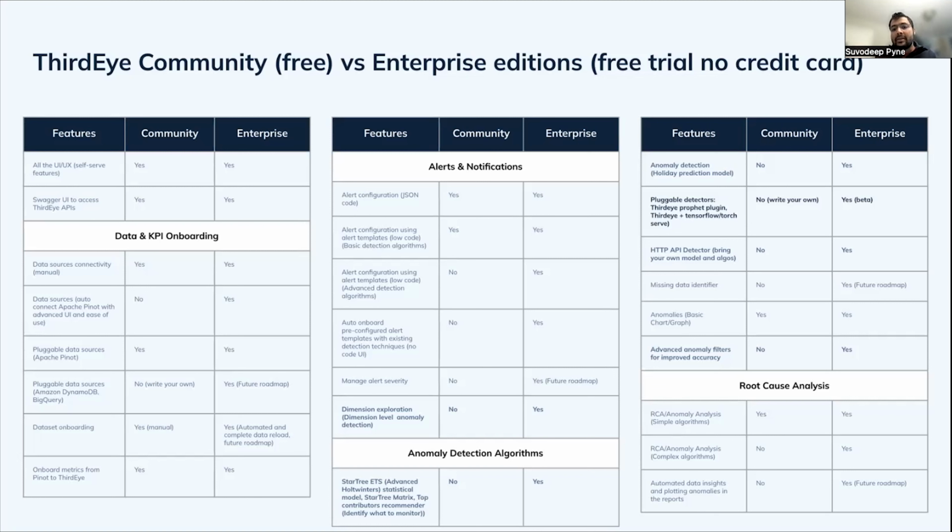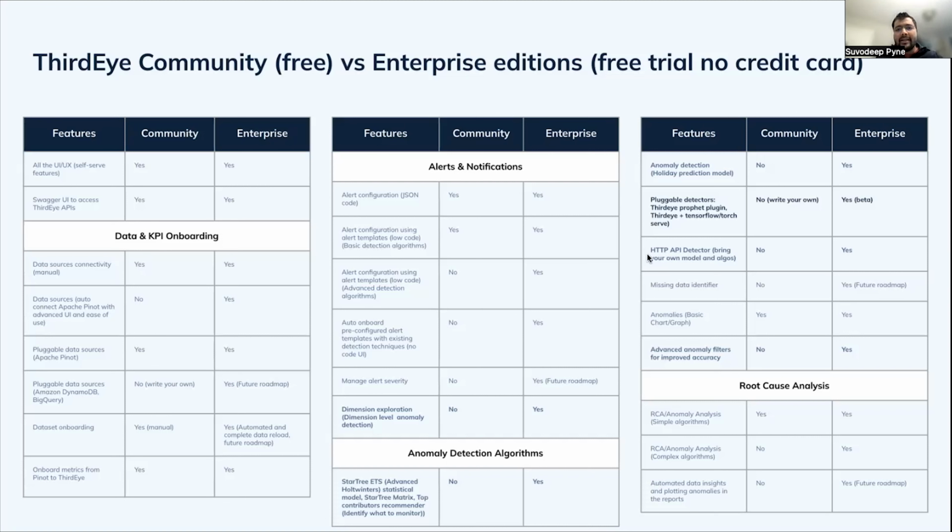For example, hooking up different detectors, cohort recommendation, and dimensional exploration are in our enterprise edition, while simpler use cases like threshold are available. Pretty much the entire package is available on ThirdEye community edition.